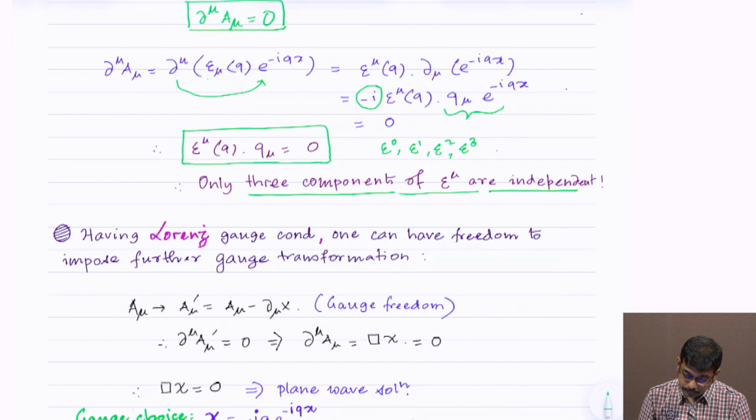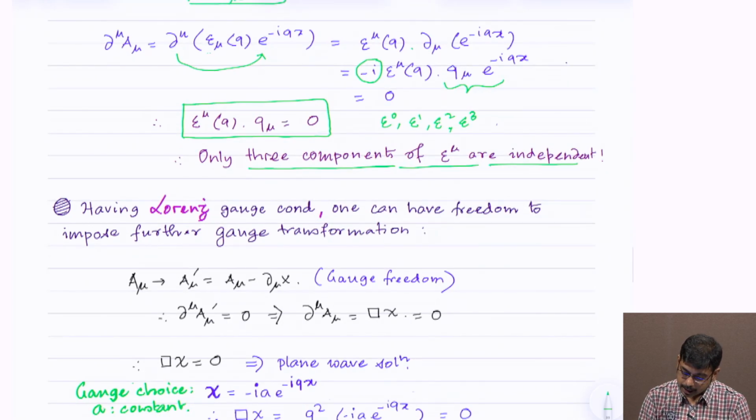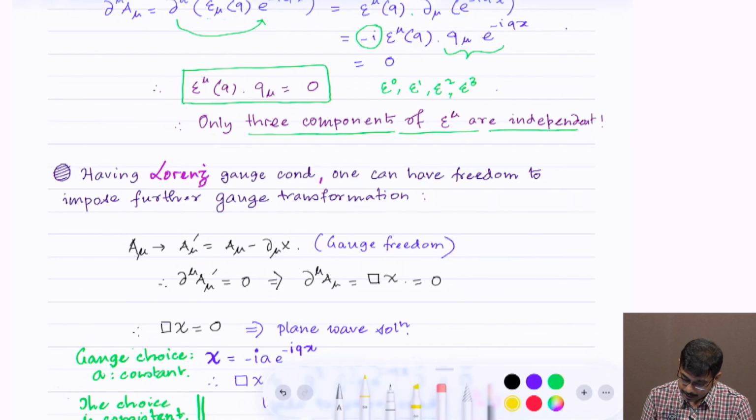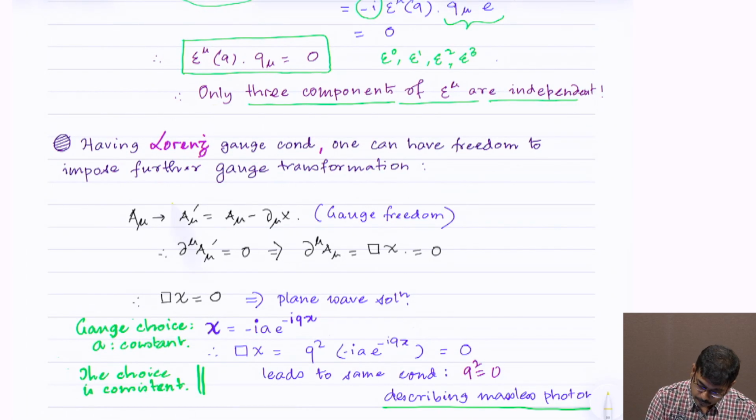And you can actually further impose some gauge conditions on the gauge transformations. How exactly do you do that? Let us go back to this idea that you actually have gauge freedom to write a mu in the form of a mu prime, which is a mu minus del mu chi, right. And the Lorentz gauge condition basically implies that del mu a mu prime is equal to 0.